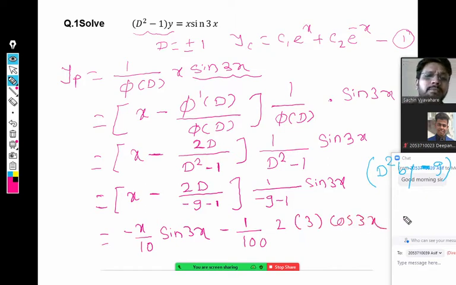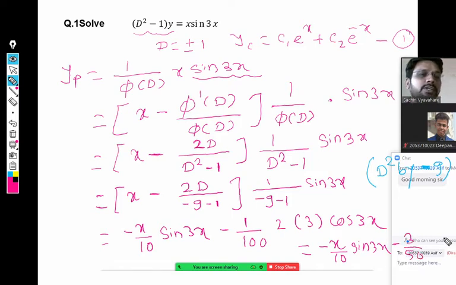That's one. You have simplified yp here, which is minus x by 10 sine 3x, and you'll observe this is minus 3 by 50 cos 3x, and that is yp. That is the end of the question. So what is the key step here?